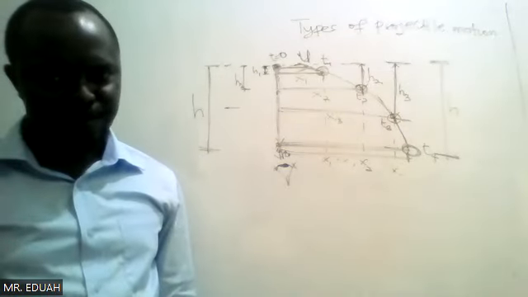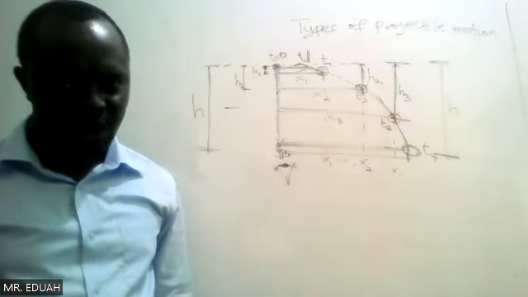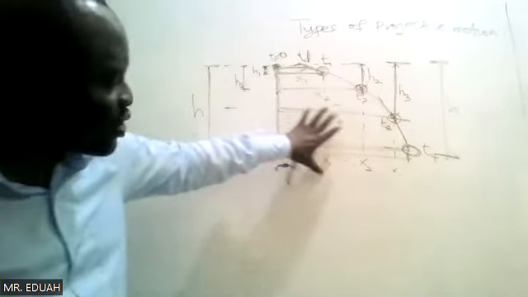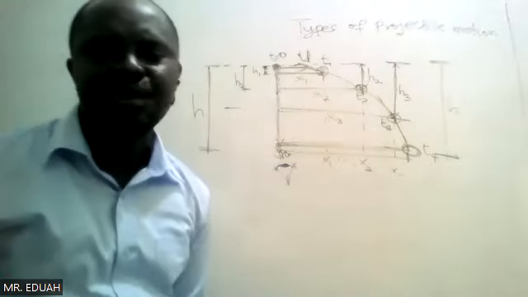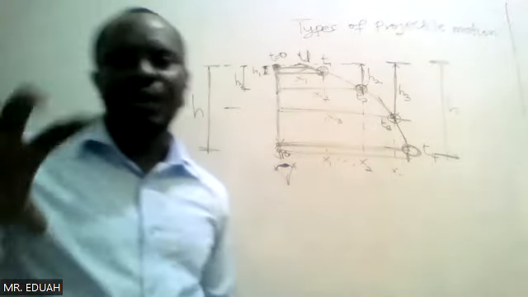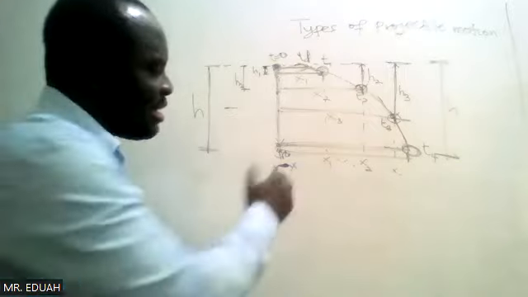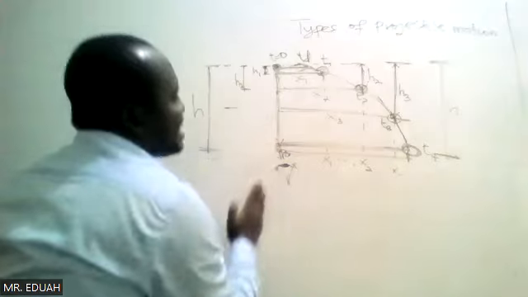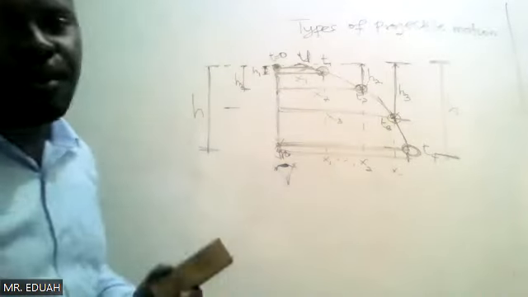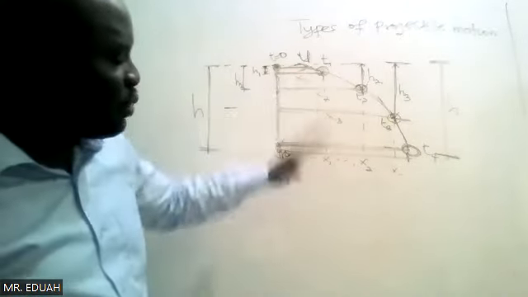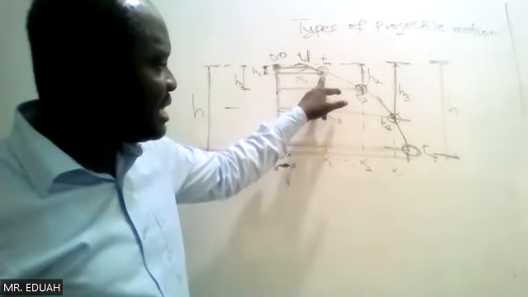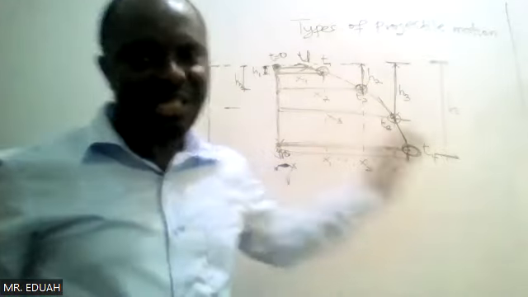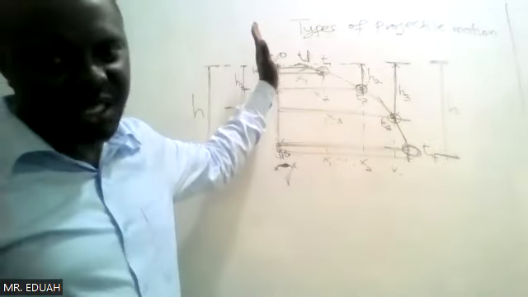Because of this, it implies that in projectile motion, we have to analyze it horizontally and we have to analyze it vertically, because from what I've just demonstrated, at every time T1, T2, we could see a horizontal displacement and a vertical displacement.